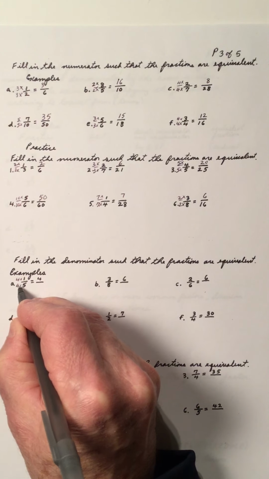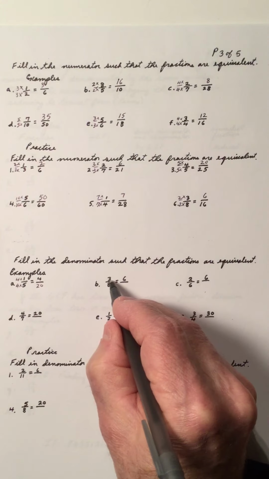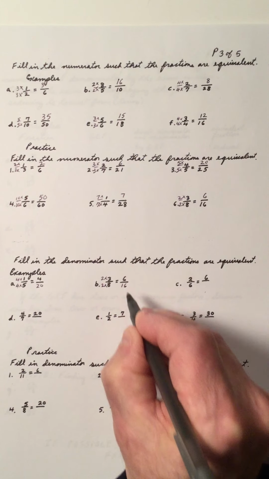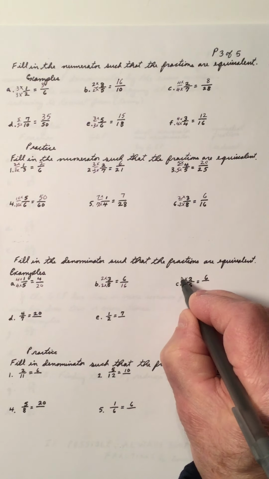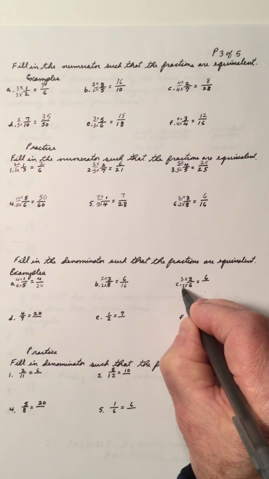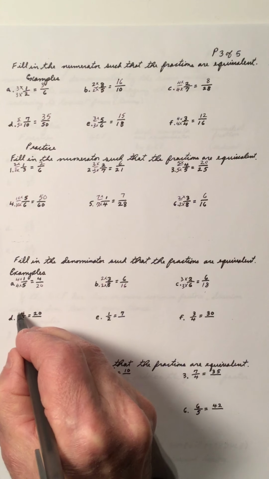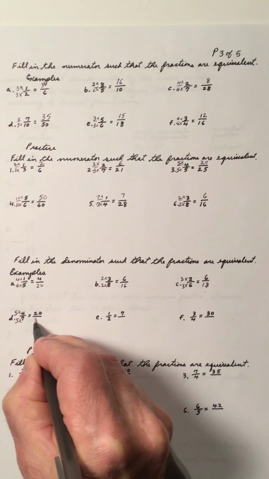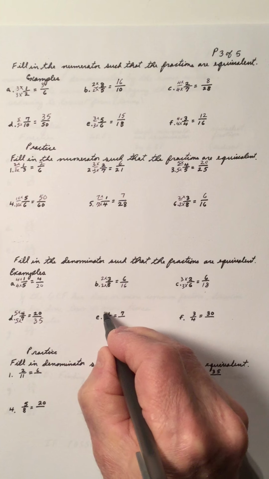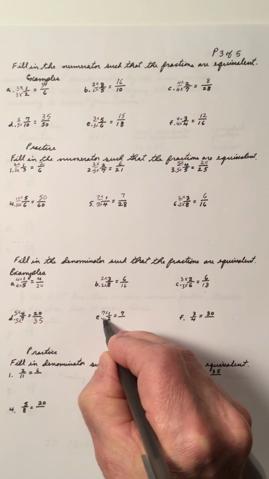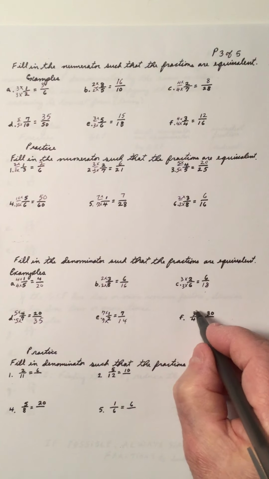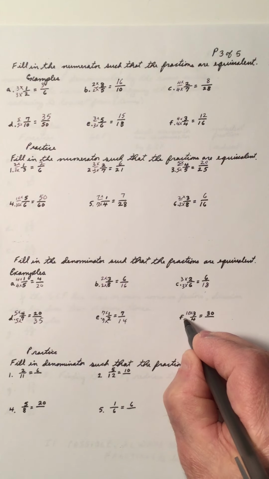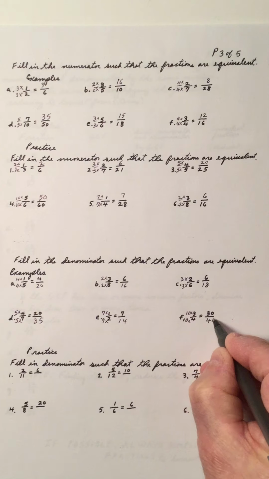So we multiply the bottom by 4, and we get a 20. 3 was multiplied by 2 to get 6, so I multiply 8 by 2 to get 16. 2 was multiplied by 3 to get 6, so I multiply the bottom by 3 to get 18. 4 was multiplied by 5 to get 20, so 5 times 7 is 35. 1 was multiplied by 7 to give you the 7, so 7 times 2 is 14. 3 was multiplied by 10 to give you 30, so we multiply the bottom number by 10 to get 40.